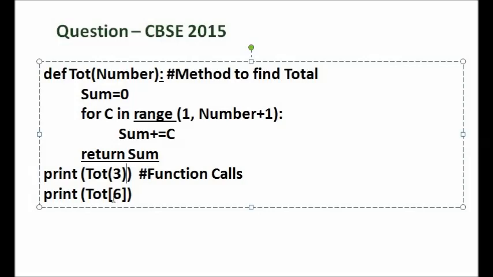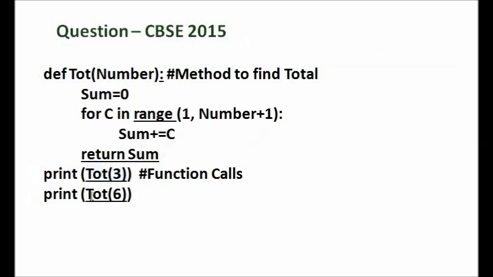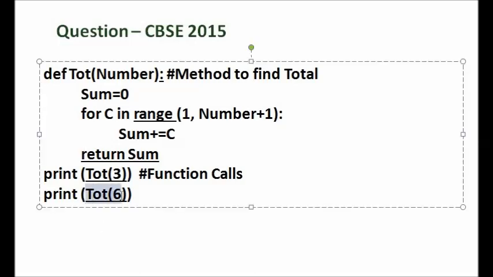Function call. Here also it is round bracket. Underline the corrections. You can give function call inside a print statement. See, there is nothing wrong with giving function call inside the print statement. Okay. This will print the value returned by this function.